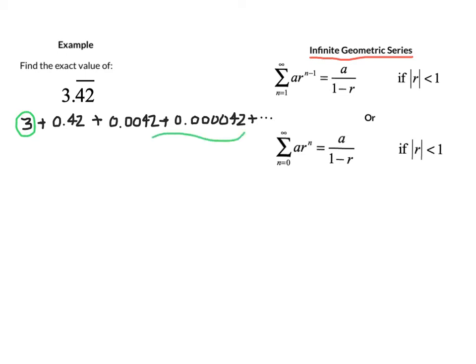And then we have the sum of these terms, which, as we can see, each one is the one before it multiplied by 0.01, which indicates our common ratio value here when we set up our sigma notation way of expressing this repeating decimal is going to be 0.01. So if we rewrite the expression now, we have the 3 out front, and then when we take an expanded form and we're converting it into the infinite geometric series notation, people sometimes get a little bit confused with the index values and the exponent of the common ratio.